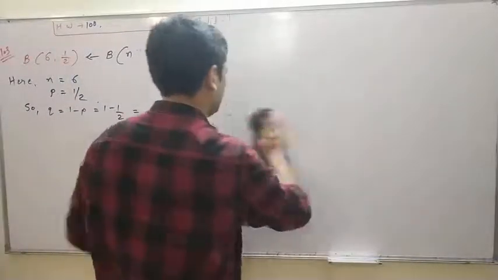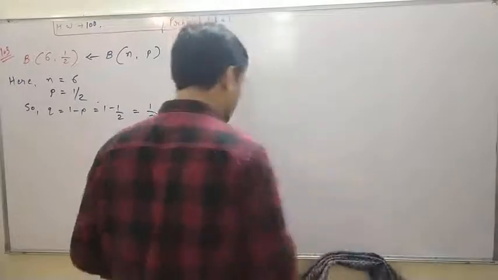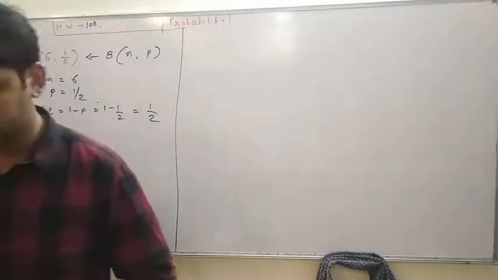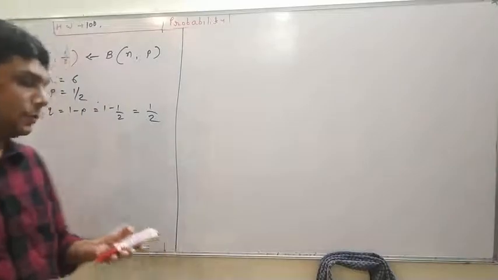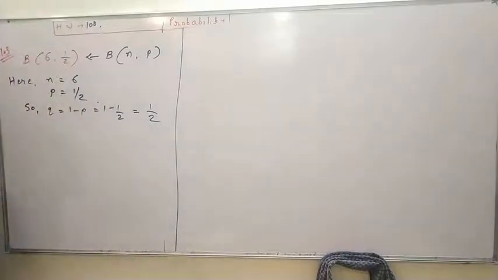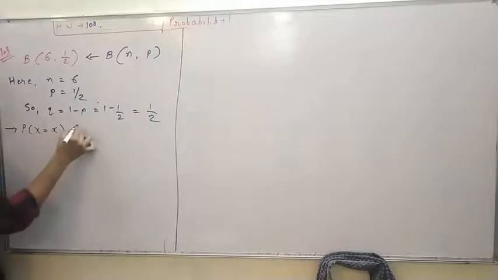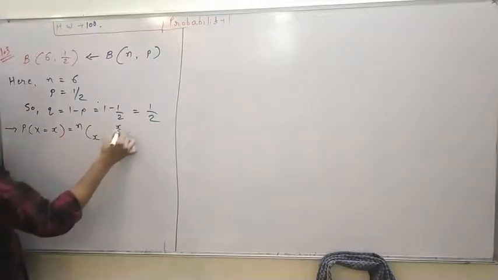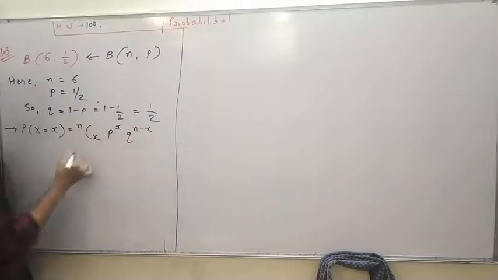Now what you have to prove? That X equal to 3 is the most likely outcome. Okay, so first we will write the formula of P(X = x). So formula for that is nCx p raised to x q raised to n minus x.